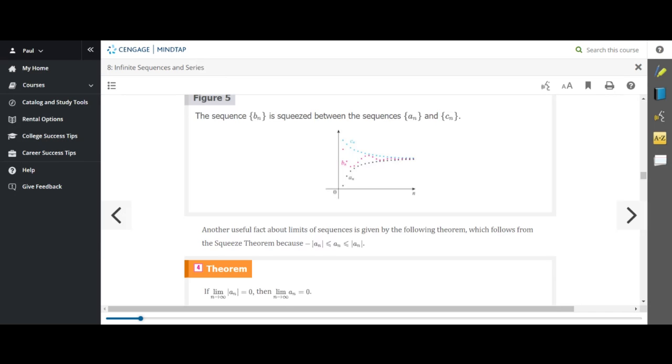They reach a limit as n gets large. Does the sequence b_n also converge? Would it converge to the same limit as the sequences a_n and c_n?